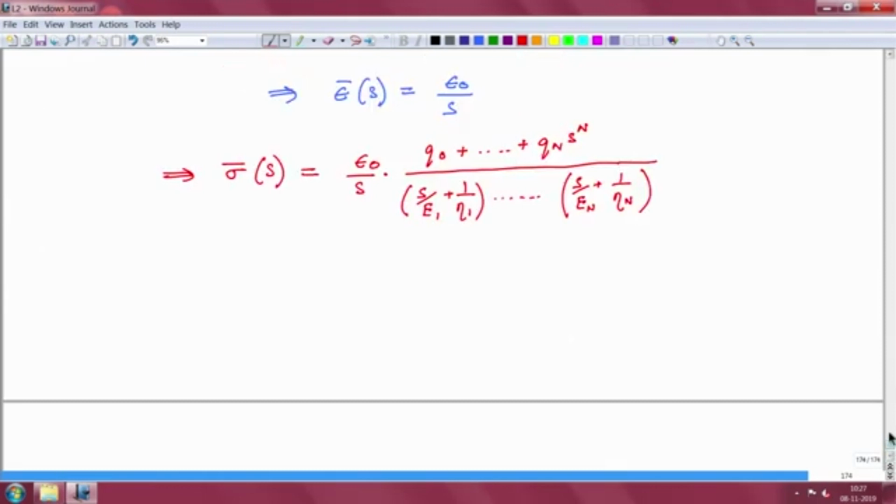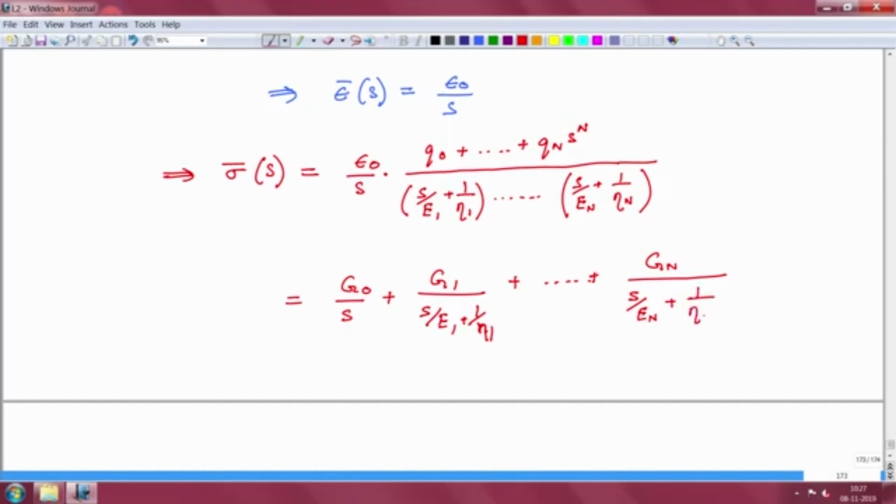So, you can show that for this rational fraction, this is equivalent to some constants, and now the fractions can be, you can just take the individual terms here and you can go on constructing all the terms till g n, and for the g n case you have a denominator that is s by E n plus 1 by eta to the power n.